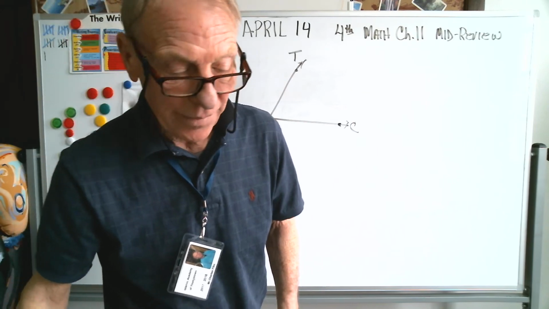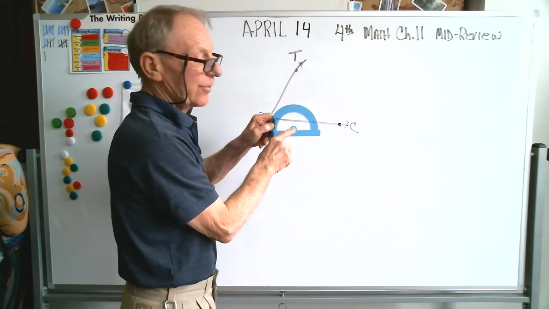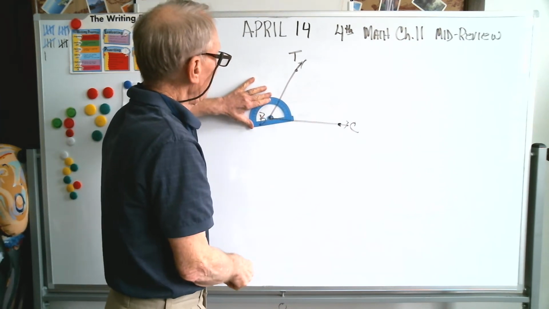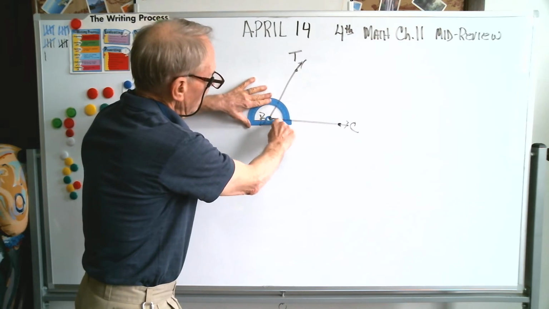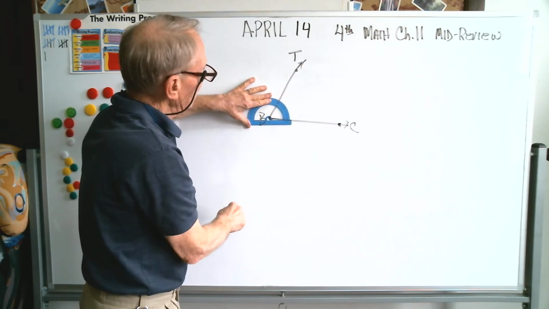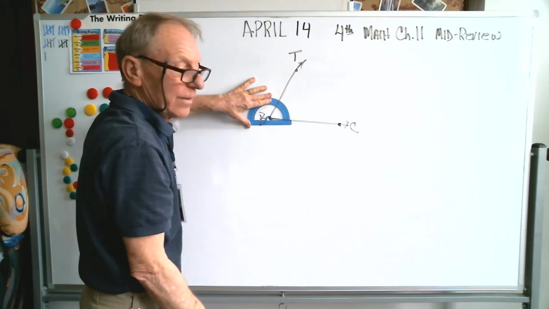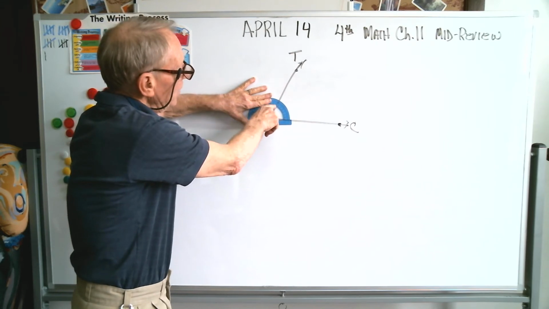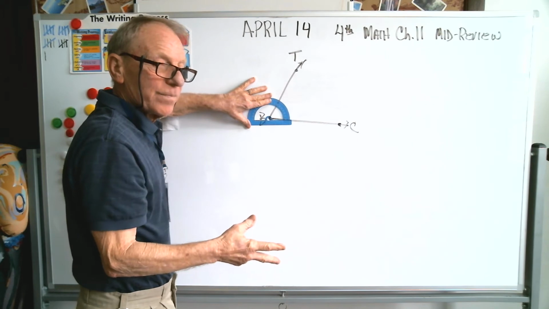And so to quickly review, take your protractor, you set the center point right on the vertex, line the bottom line straight up with the bottom line, and in this particular drawing that I put on the board, as I read up the scale here, I see 2 numbers.